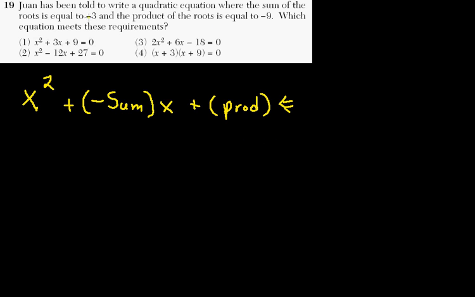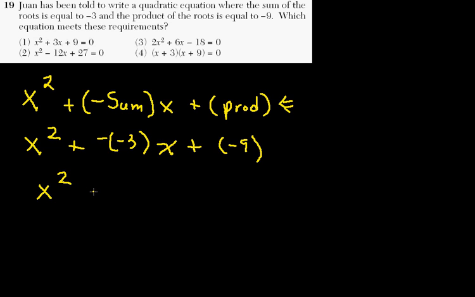So the sum of the roots here is -3, so we get +3x, and the product of the roots is -9. We have x squared plus this. This is just x squared plus 3x minus 9.